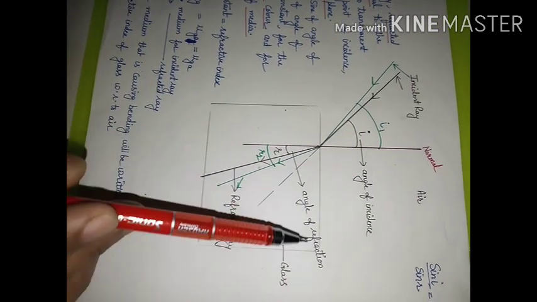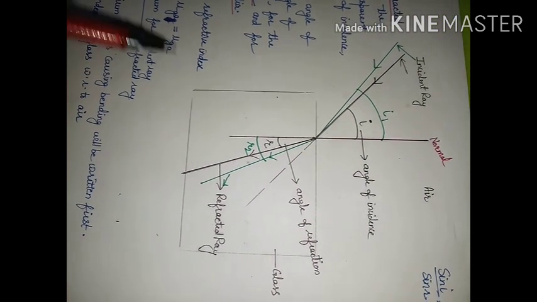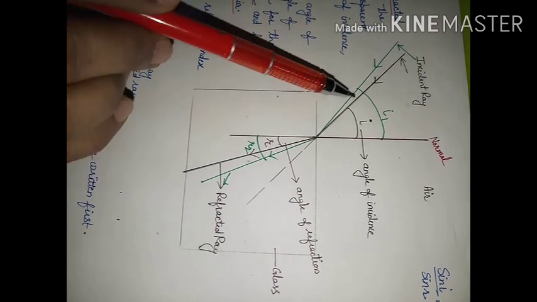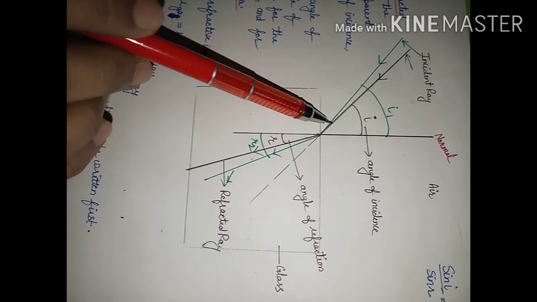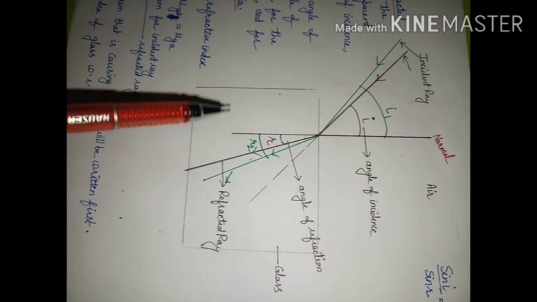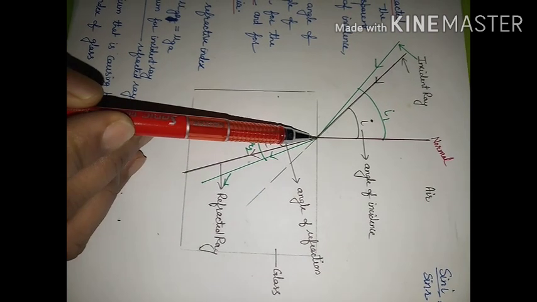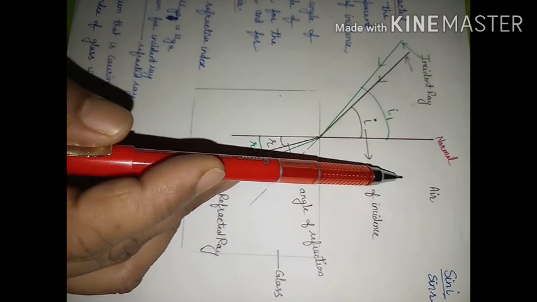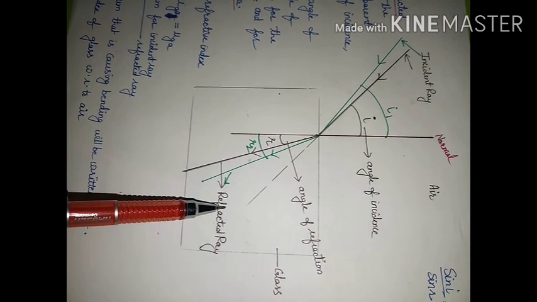This is the outline of a glass slab, and in this glass slab this black line is representing the incident ray. This is the normal drawn at this point of incidence. This medium is air, this medium is glass.